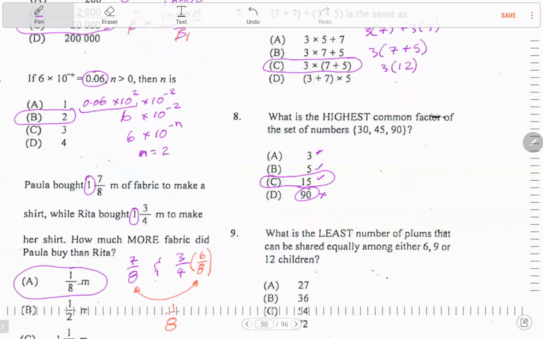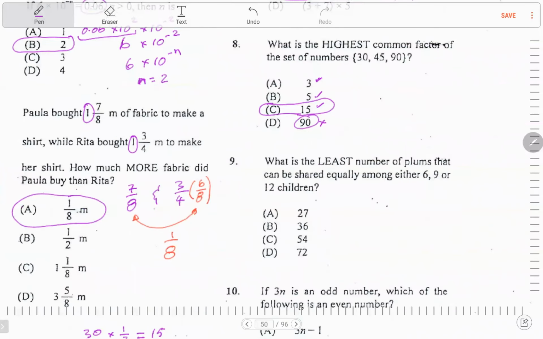All right, next one. The least number of plums that can be shared equally between 6, 9, and 12 is the lowest common multiple. The first multiple common to the 6, the 9, and the 12. Do the largest one first. We're doing the multiples. The multiples of 12 will be 12, then 24, then 36.